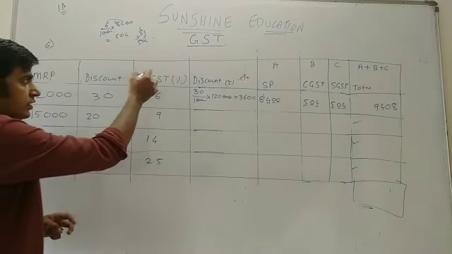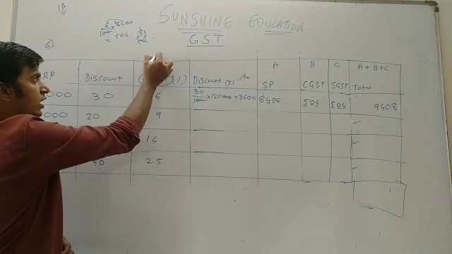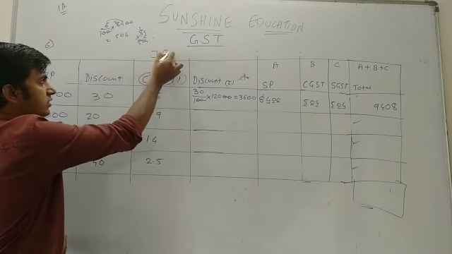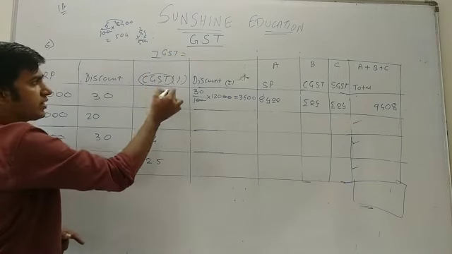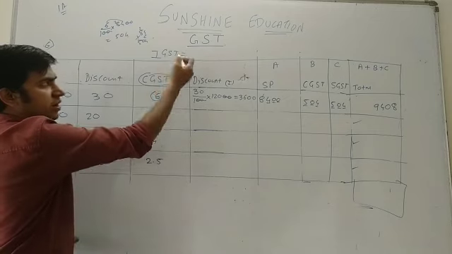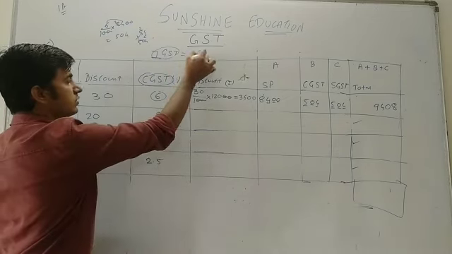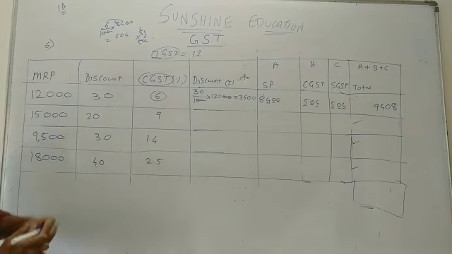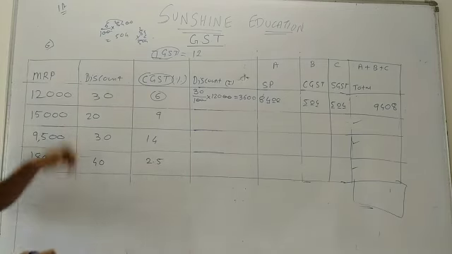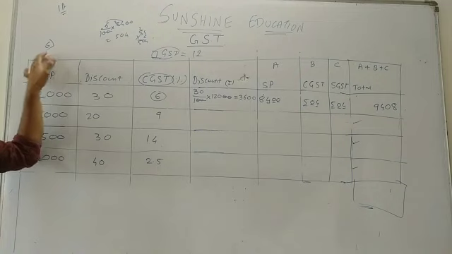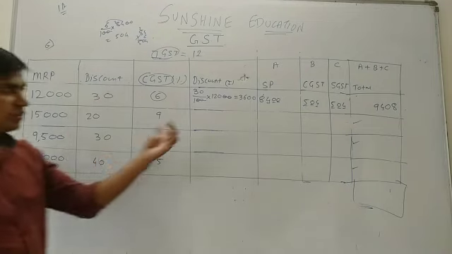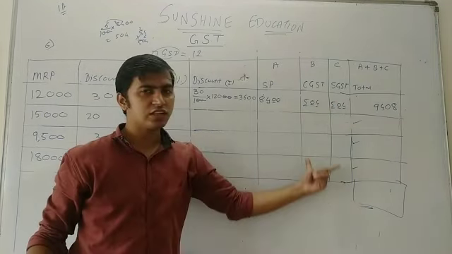If here we have CGST and you are asked to find out IGST, then also we can multiply 6 by 2, that is double. IGST is nothing but GST. So double of 6 is 12. So you can find IGST if it is required. In the 7th question, we have to repeat the same question, just changing these two boxes into one, that is IGST.